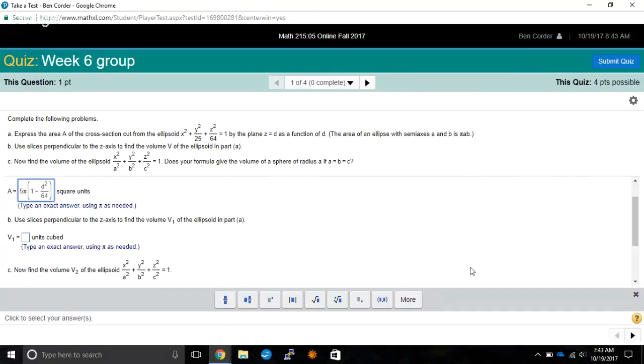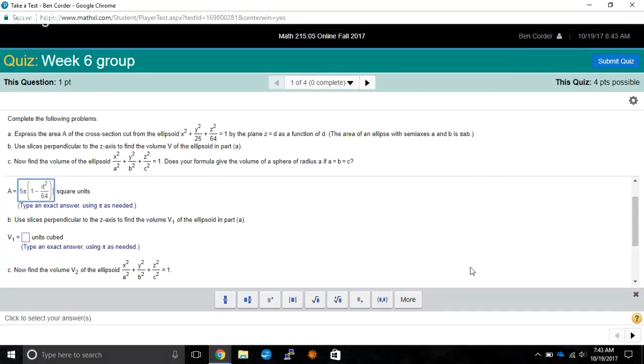I'm trying to remember what the bounds on an integral for part B is. Is it just 8 and -8? I think it's, yeah. Oh, I'm looking at the wrong one.